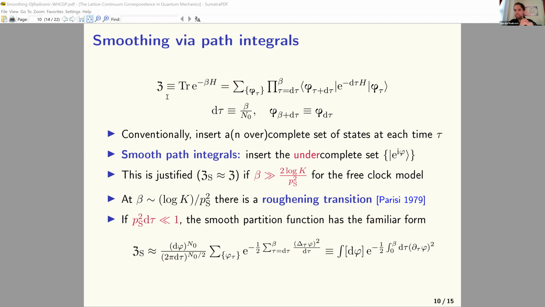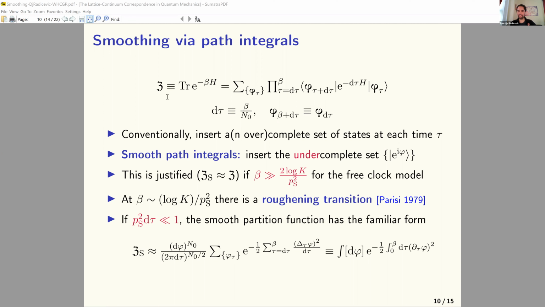Typically, when we construct a path integral, we insert a complete or an overcomplete set of states at each time tau. If you insert an overcomplete set, that gives you coherent state path integrals. The standard situation is to insert a complete set. The way that you implement smoothing in path integrals is you insert an undercomplete set.